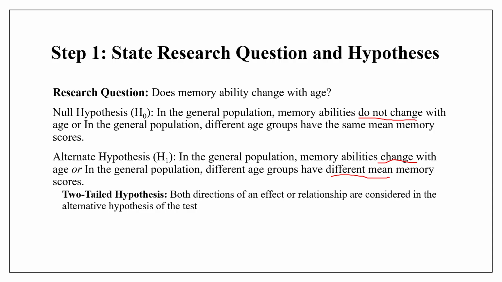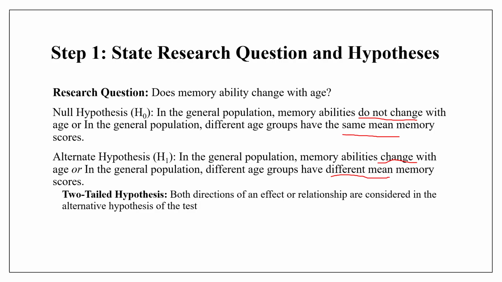Or in the general population, different age groups have the same mean memory scores. So again, the null hypothesis is always saying there's nothing there to be seen. The alternate hypothesis will always say there is something there. There is a relationship, there is an effect, there is a difference.